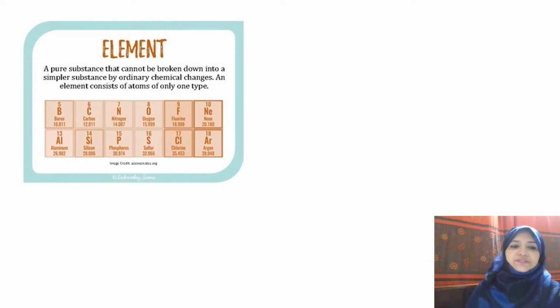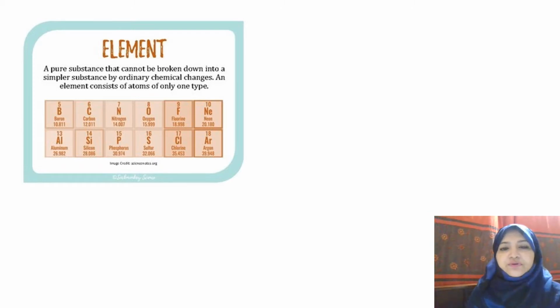Element is a pure substance that cannot be broken down into a simpler substance by any ordinary chemical changes. And these elements are the matters that are made of only one component, like iron. In iron piece only iron is present.